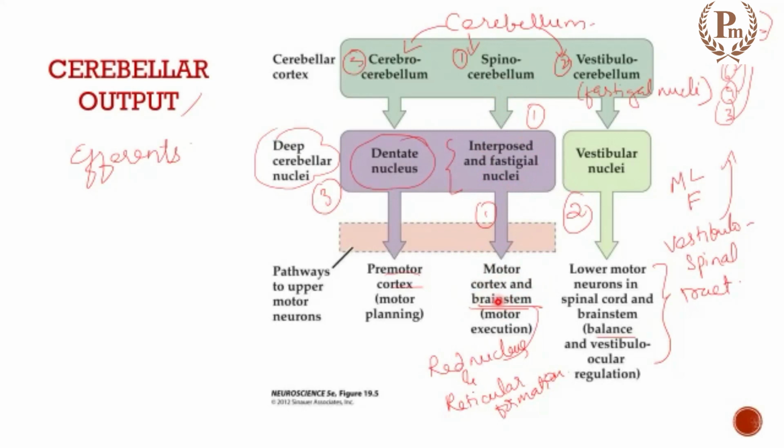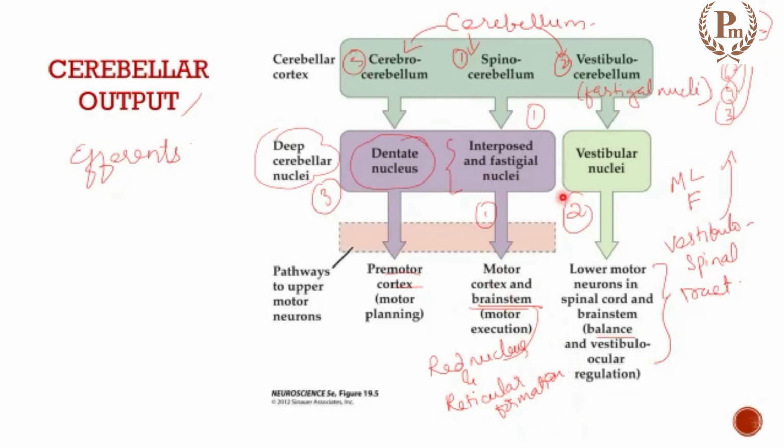Via the red nucleus, they may go to the thalamus, thalamus to the cortex. That is how they reach the motor cortex. Then they also go to the brainstem area where we have the reticular formation. Reticular formation gives connection to the spinal cord via the reticulospinal tract.